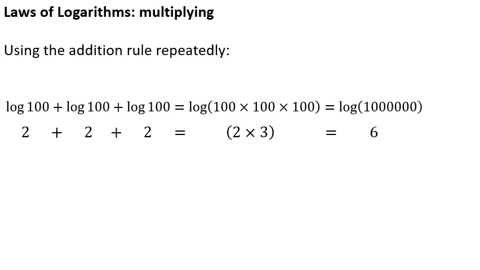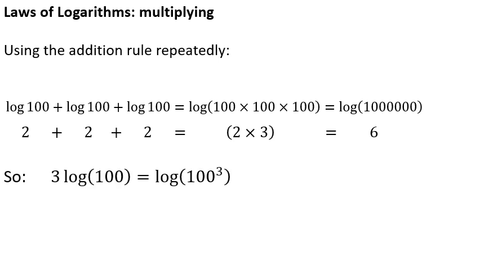Clearly, what's happening here is the number of terms we have on the left is determining how many 2's we end up with on the right. The simplest way of writing this expression is 3 lots of log 100 is equal to log of 100 cubed. And what's interesting here is you can change the base. That's why I've not included base 10 here. The line with the 2's and the 3 and the 6, that's assuming we have a base 10.